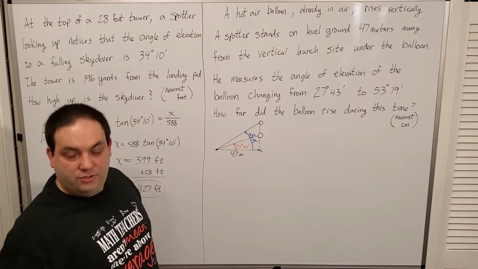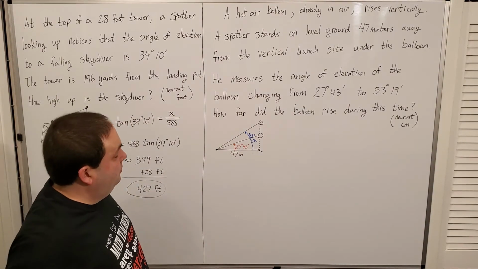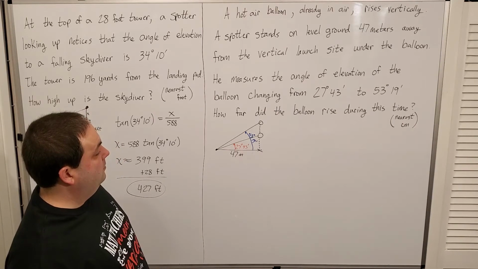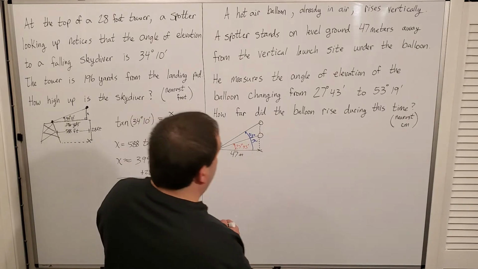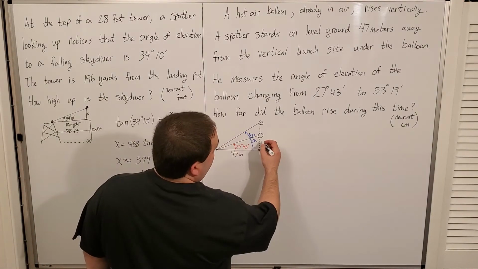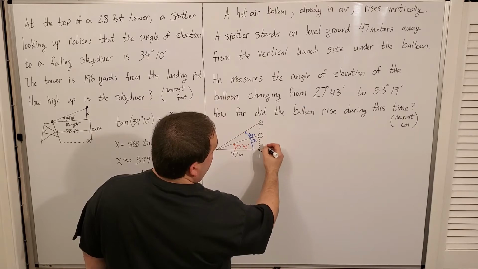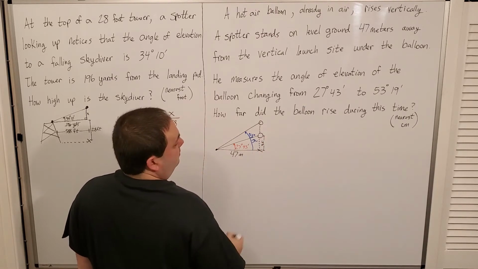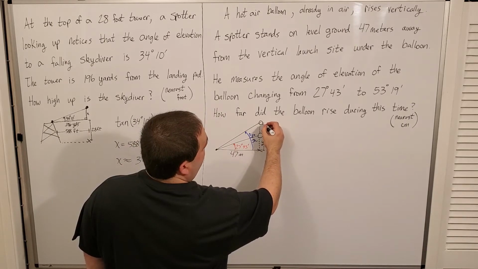Now remember, don't forget your minutes along with these things too. That's part of the accuracy of the measurement of the angle. Then I'm going to label this little piece right here y, from here to here. And I'm going to label this piece right here x.